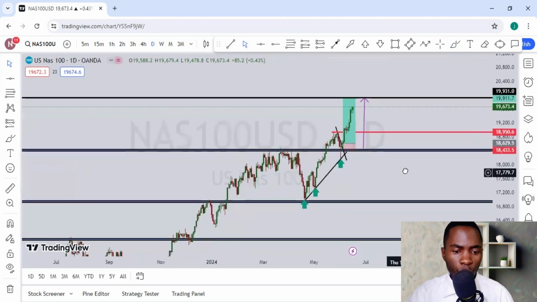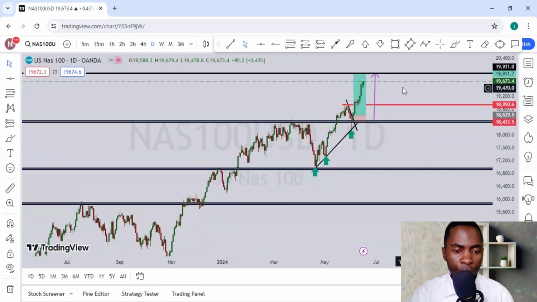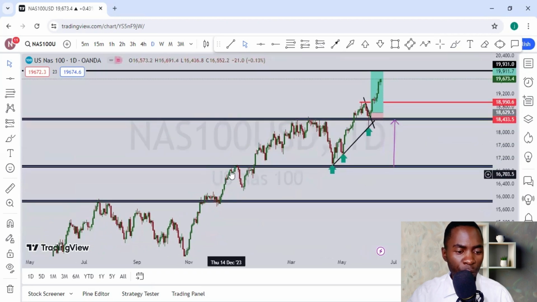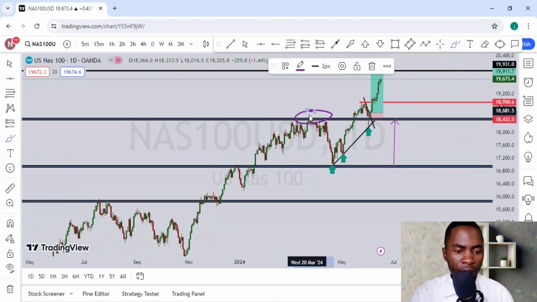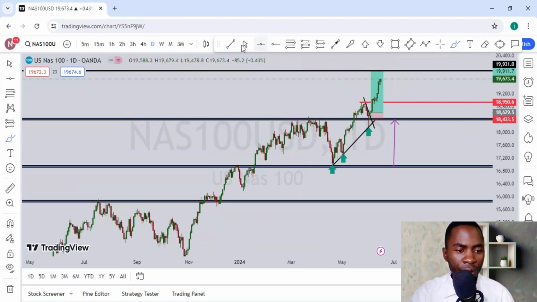I want to show you how I predict where the market is going to be at my TP2. The first thing, you take an arrow and measure the distance of where the market was first consolidating. The market was consolidating in this area, between this zone and this zone. So I measured the distance from the bottom to the top where the market was consolidating, and waited for a breakout.